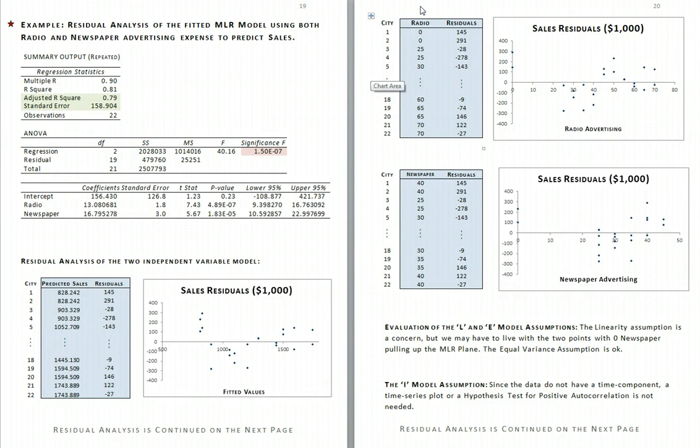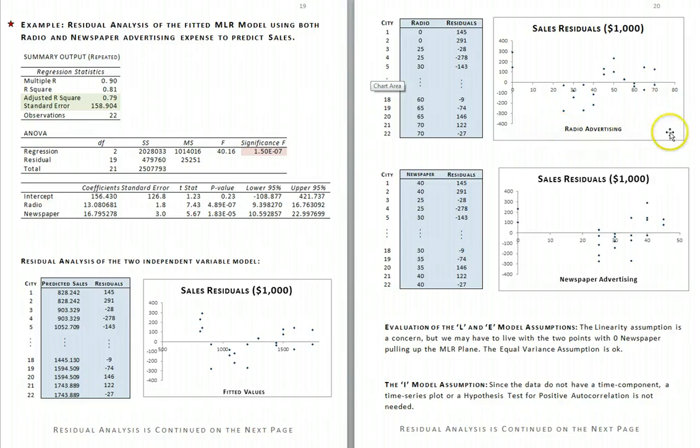The next plot we'll look at is that of the x1 variable, the first independent variable, radio advertising expense on the horizontal axis, versus the residual values on the vertical axis. These columns must be recopied and pasted on an Excel spreadsheet.